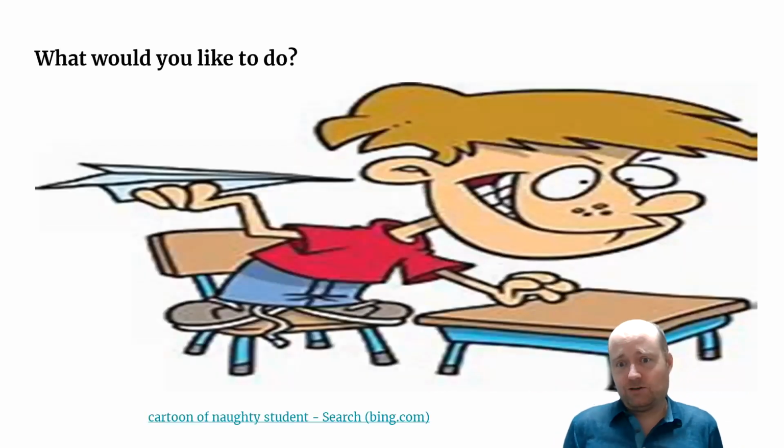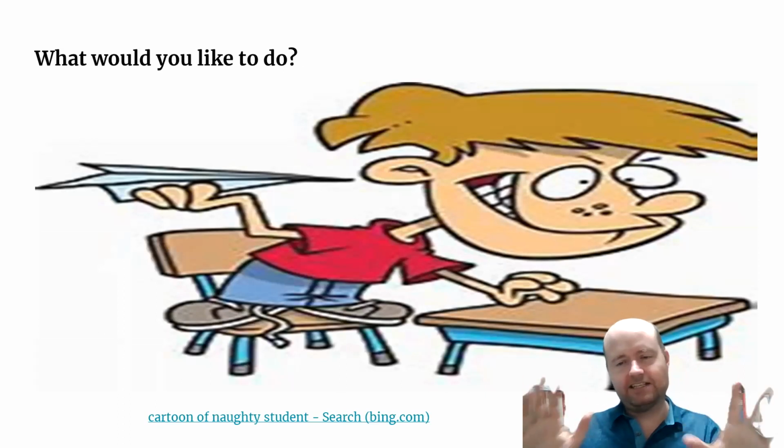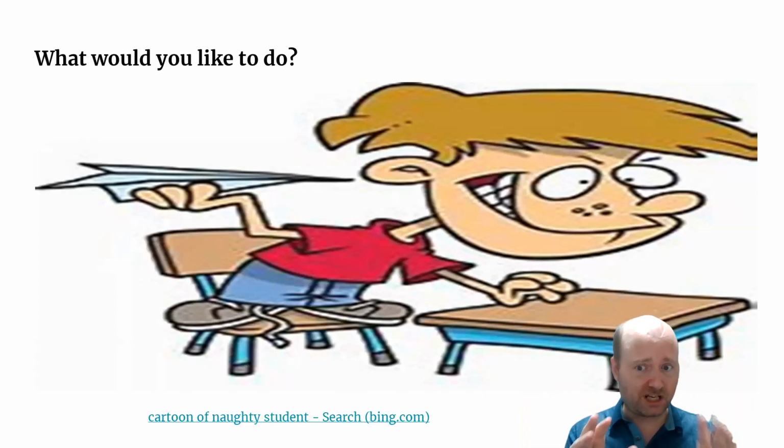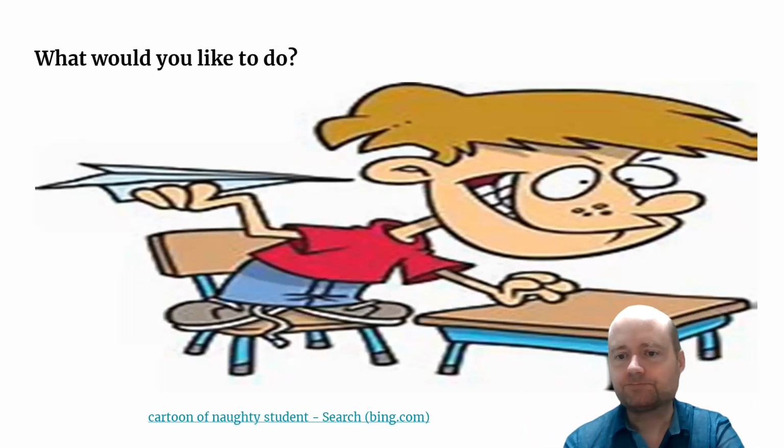Because if I ask you what you want to do, then you might say, well, actually, Russell, what I want to do is not attend your class. What I want is to get an A plus grade without submitting any assignments. And maybe I'm thinking, well, what I want to do is stay at home. So you can see that actually it's too simple just to say that autonomy is what you want to do.